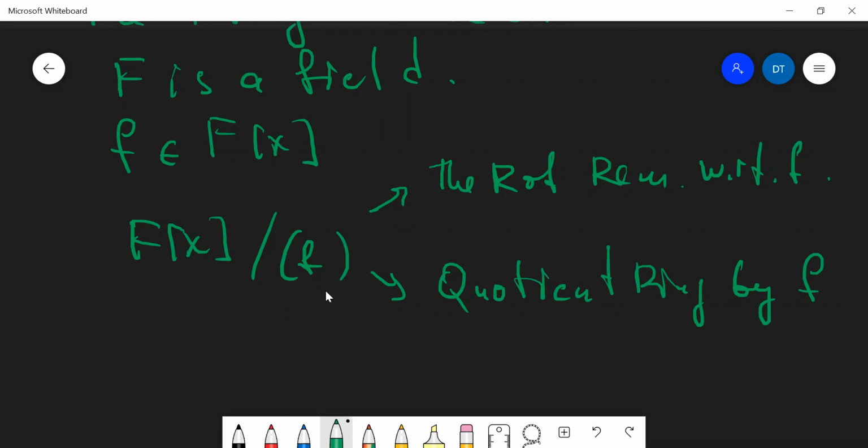The first thing, a set. The second thing, an addition on this set. The third thing is multiplication on this set. And then I have to check that all these operations obey the required axioms. So I'm going to present you the data, but I'm going to skip the proof that the data satisfy all the required axioms, but the lecture notes will contain the required proof.